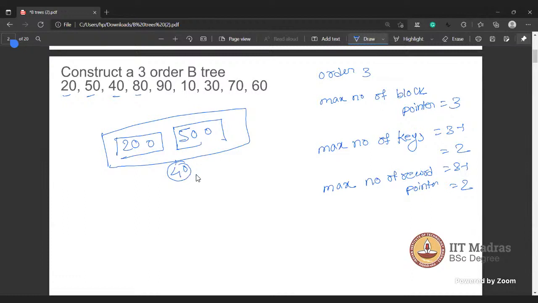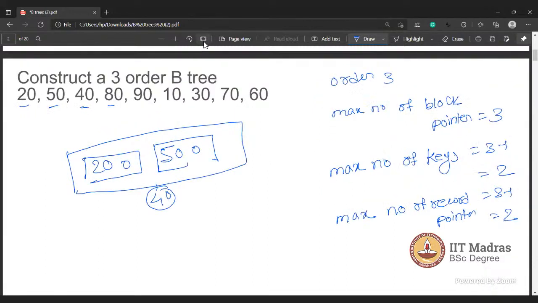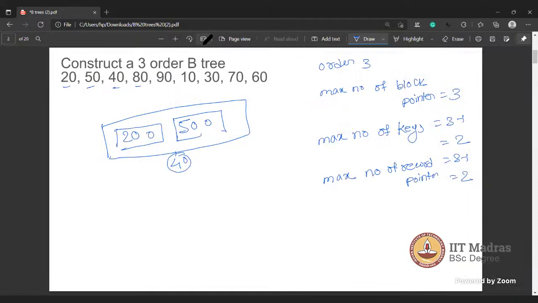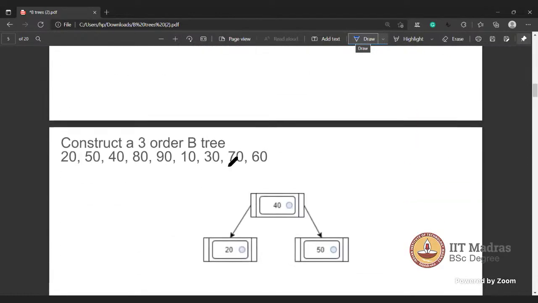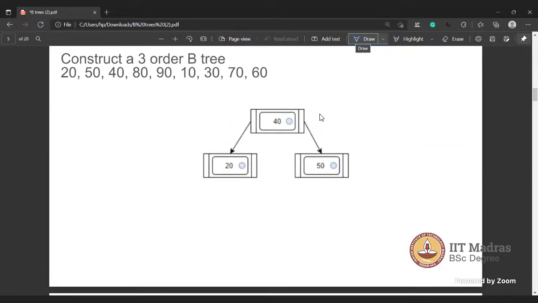It should be split like this: 40 goes up, then 20 and 50. Everyone got it? How it splits?